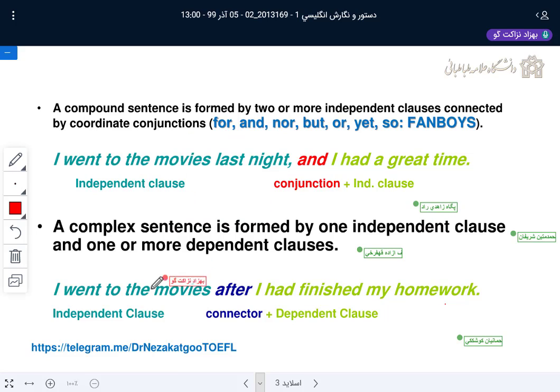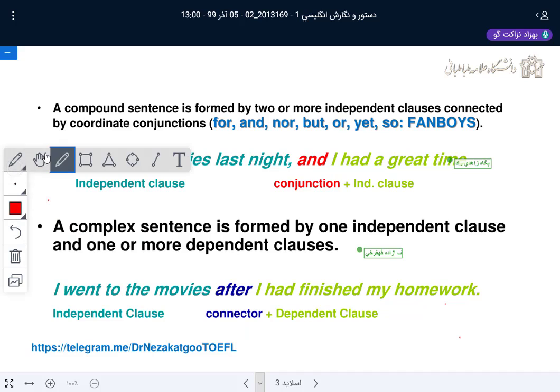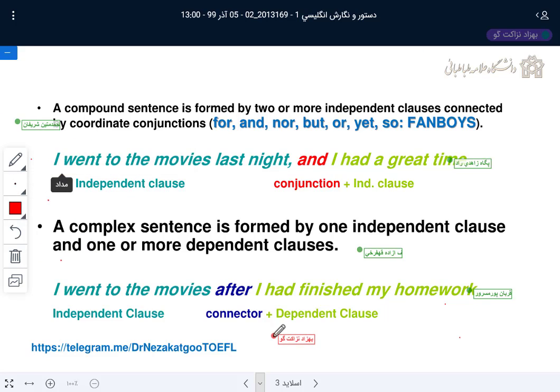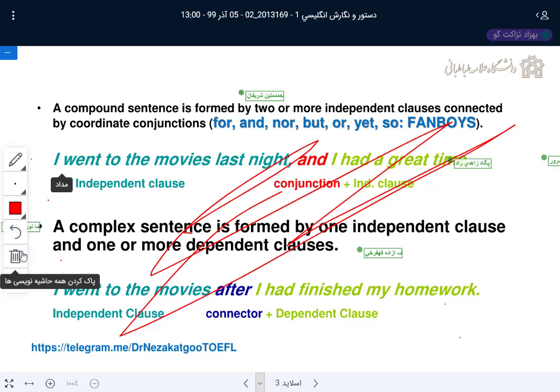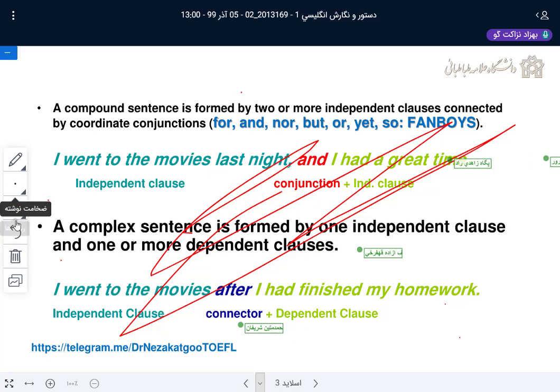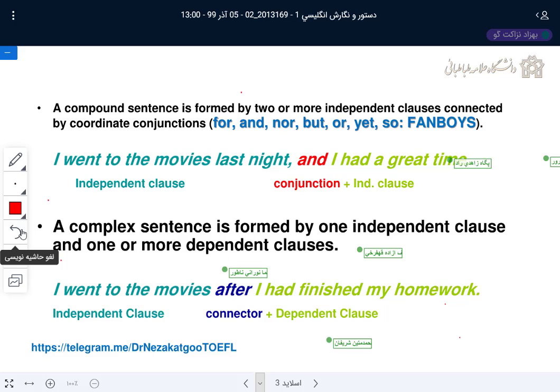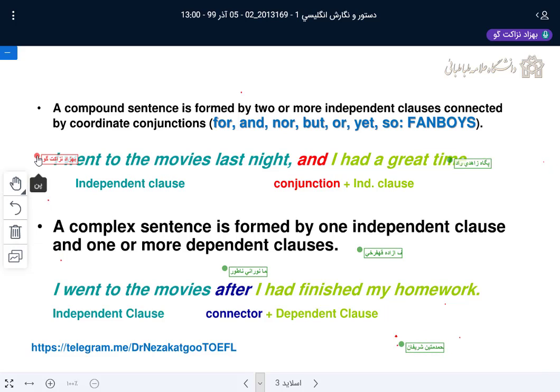I will try to write something. Again, I have difficulty. So it created a lot of mess. Just forget about it. Let's go to the traditional way of teaching.